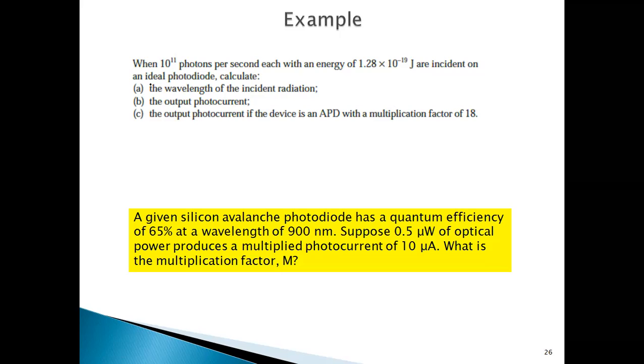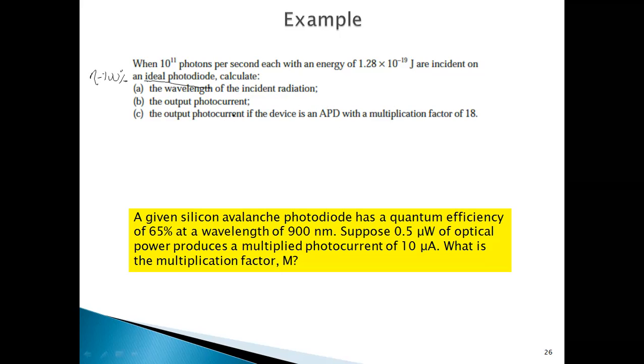When you have an ideal photodiode, it means that your eta is equal to 100%, so you have to remember that. The questions are: number one, calculate the wavelength of the incident radiation; number two, the output photocurrent; and number three, the output photocurrent if the device is an APD with a multiplication factor of 18.